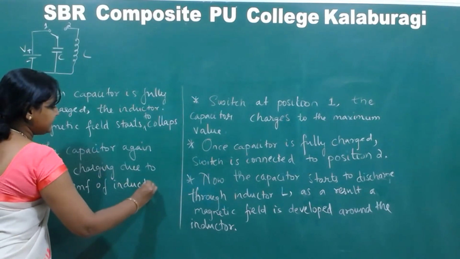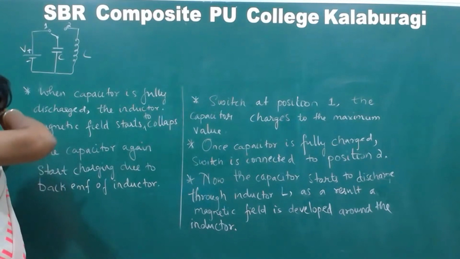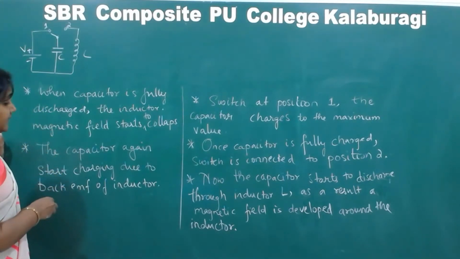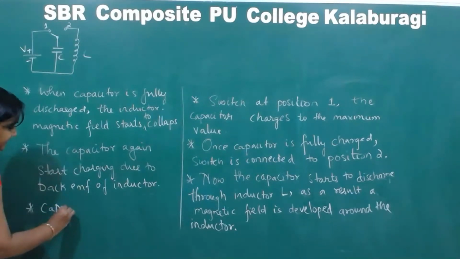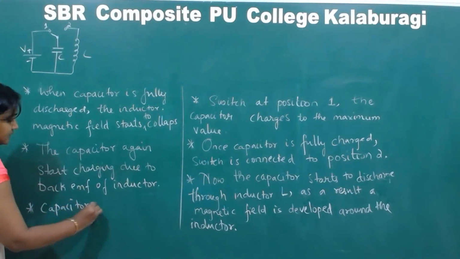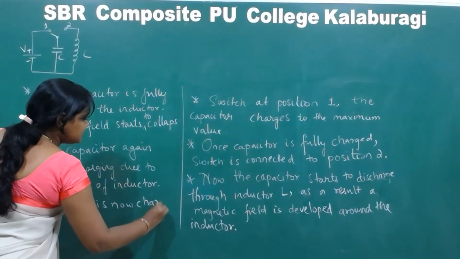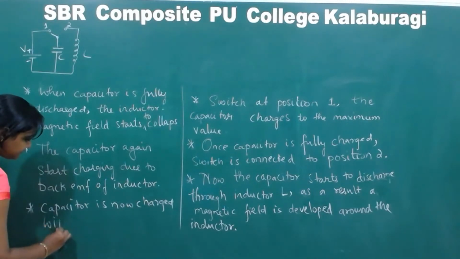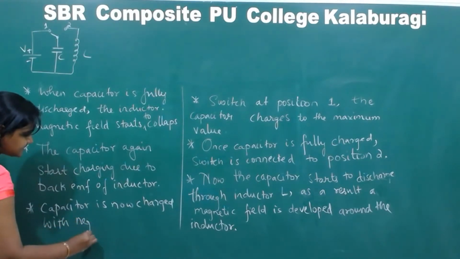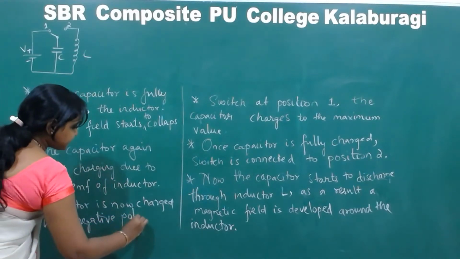As the magnetic field developed is collapsing, the back EMF is going to charge the capacitor again, and the capacitor is now charged with negative polarity.